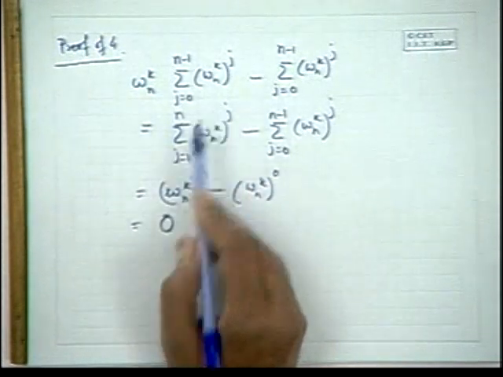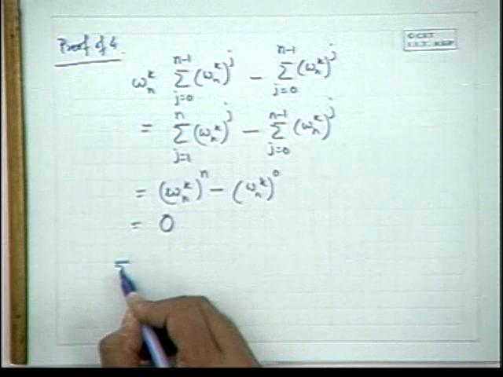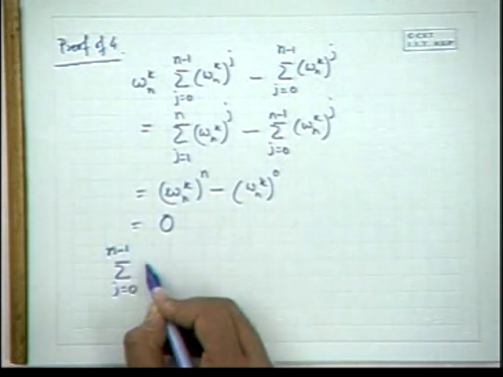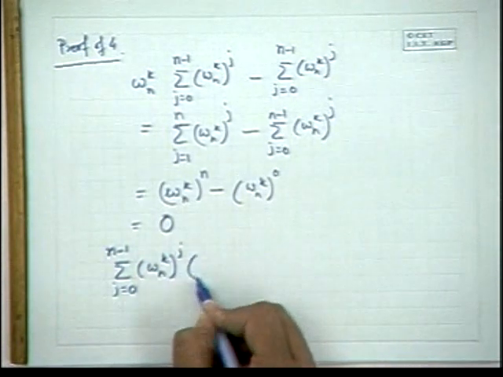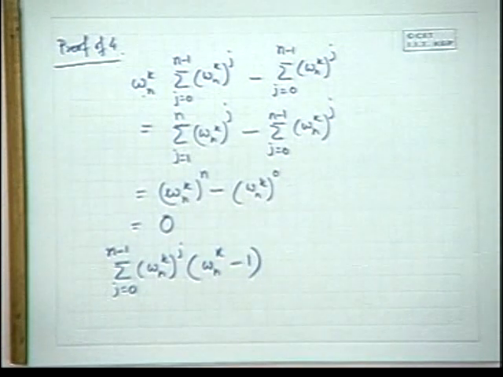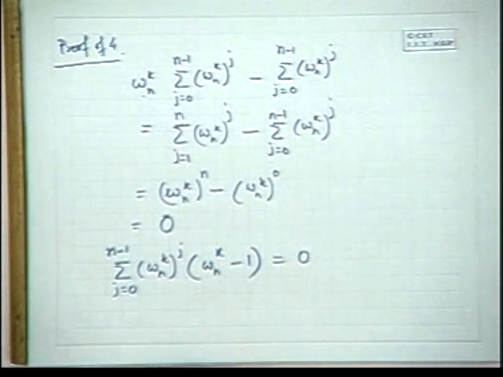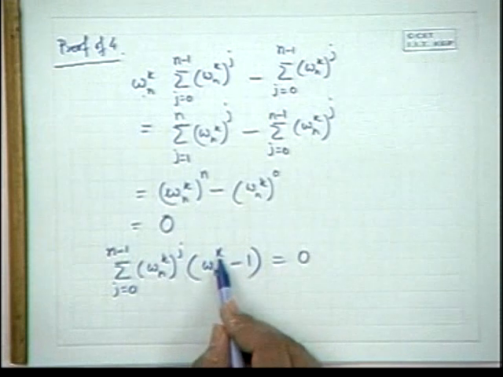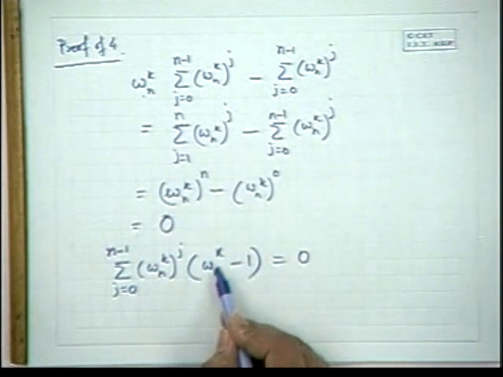Now if this is 0, look at this left hand side, this is nothing but sigma j going from 0 to n minus 1 W n k j, and here it is W n k minus 1. That is the left hand side, which we have proved to be 0. Now if k is not a multiple of n, then W n k cannot be 1.